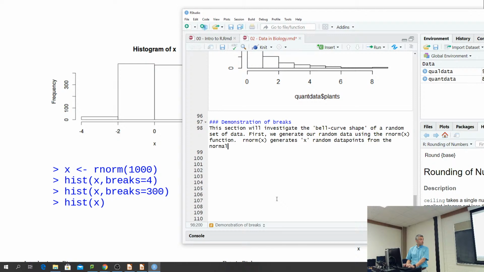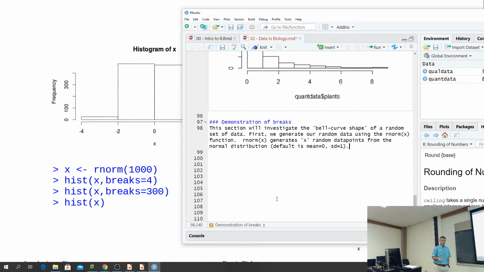From the normal distribution. Default is mean equals 0, sd equals 1. So if you did a search of the help file of rnorm, you would see mean and sd in there. We haven't quite made it there yet, but you've probably encountered means, averages, and you've probably encountered standard deviations. All right, that's what it is. So as we learn about our probability distributions, this is one. It's a continuous distribution.